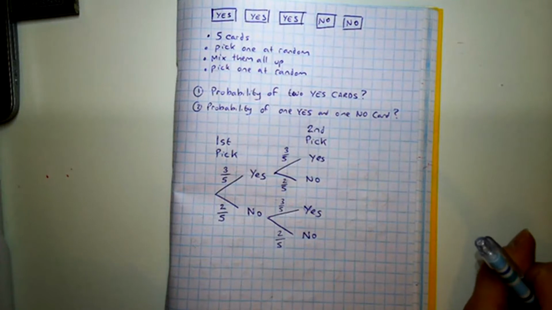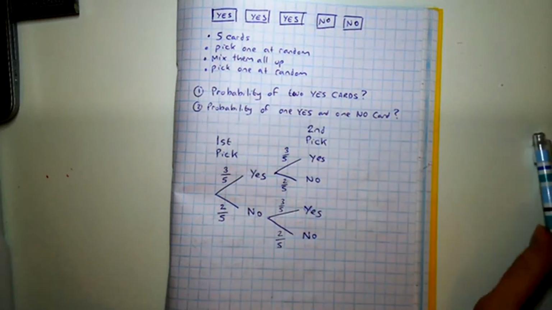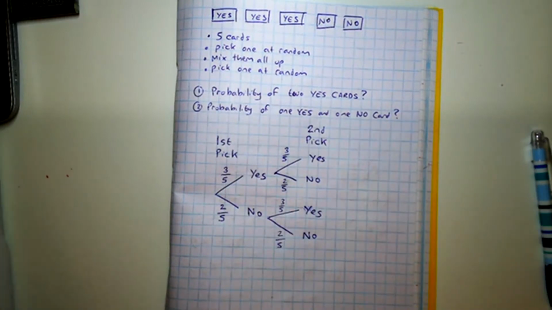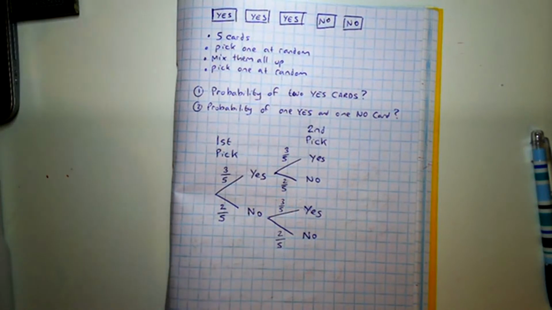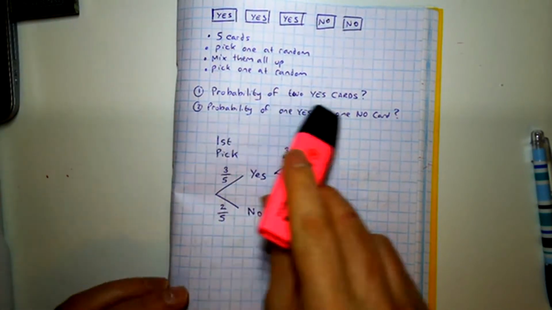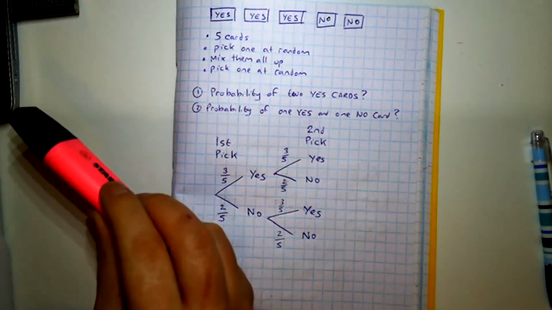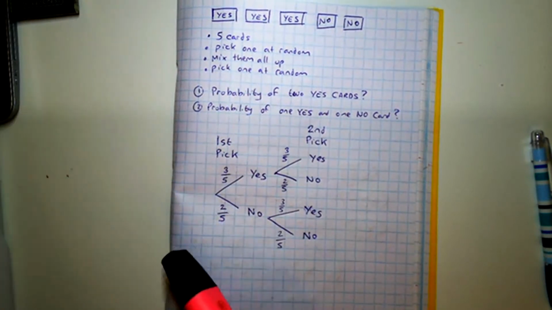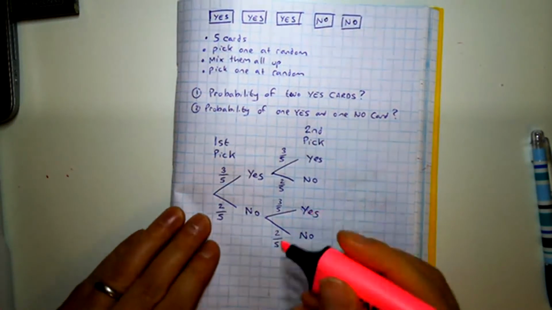What we're going to do now is learn how to use it to figure out these things. And this is where your highlighters are going to come in handy. So, the probability of 2 yes cards. I'm going to use my highlighter to highlight that timeline, if you will, that series of events that has to happen.